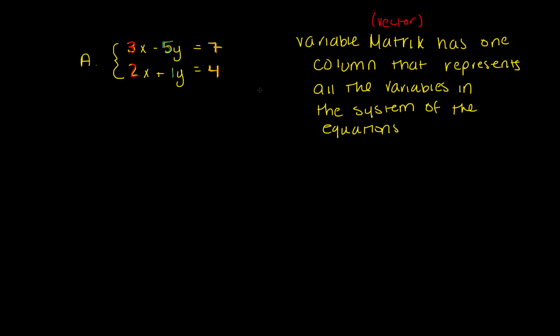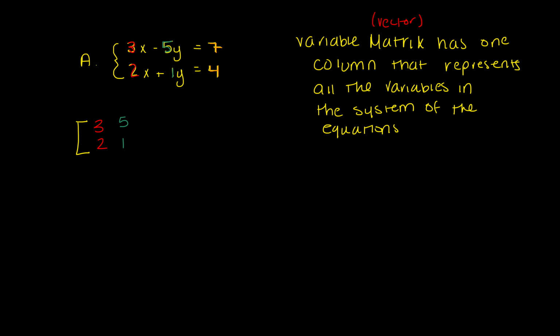So we're going to use the constant values from the right-hand side of the equations to make the constant matrix. All right, so what we're going to do here is have 3 and 2, and 5 and 1 for that matrix.